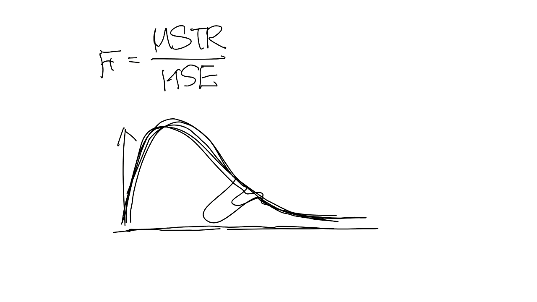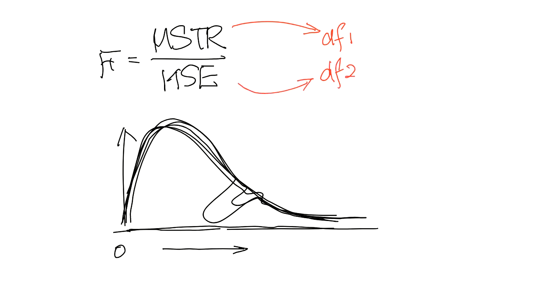Okay, and always a positive. It's good. Then now we need the 2 degrees of freedom. df1, as I told you, is from the numerator, from the MSTR, and the other one, df2, is from MSE.